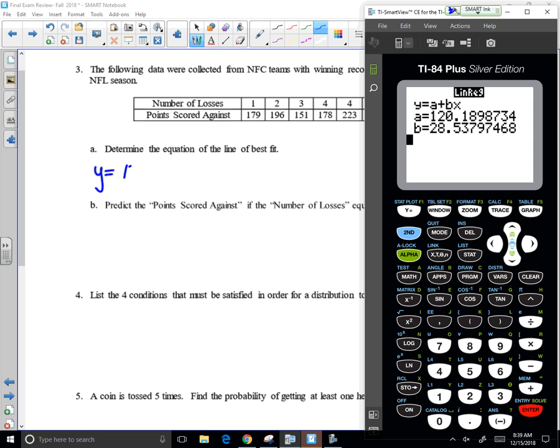The a value, 120.1898734. I'll write the whole thing. I'll practice what I preach. Plus 28.53797468x. Just following that model, y equals a plus bx.